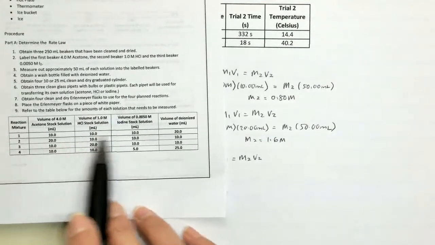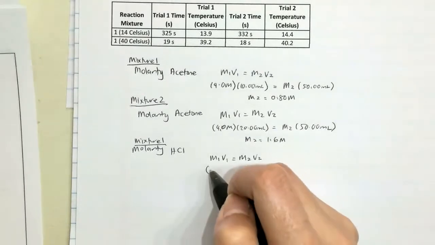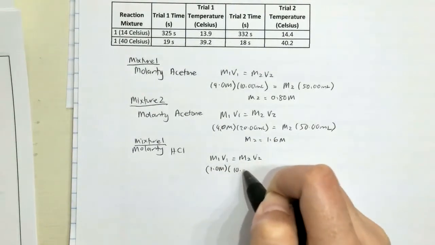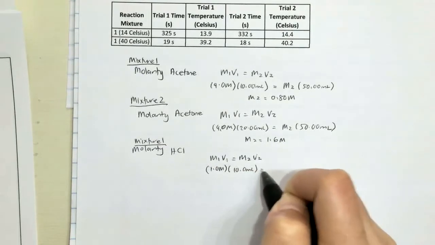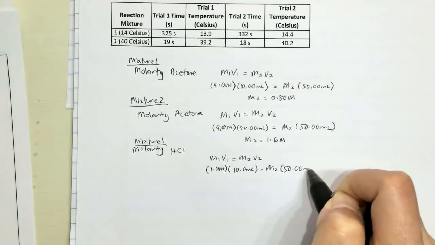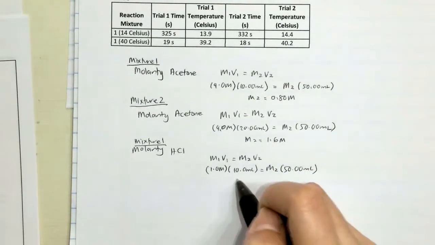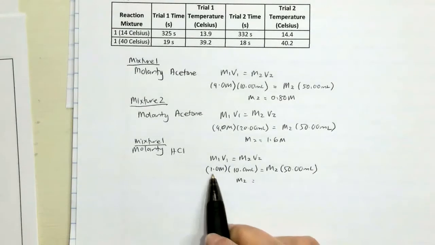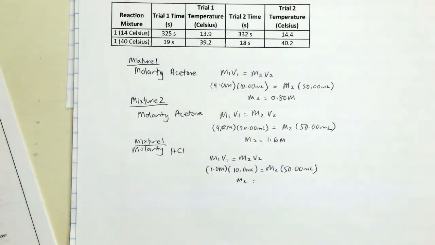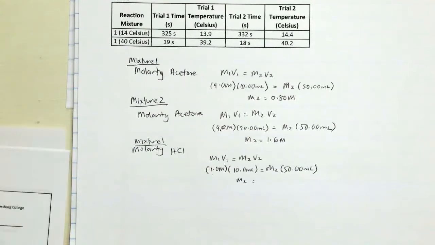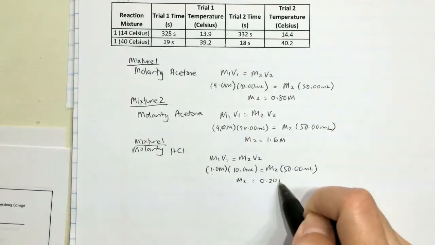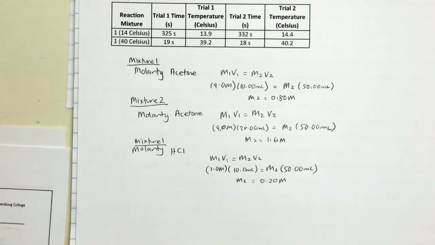My total is still 50, so V2 is still 50. So 1.0 times V1, which is 10, equals M2 times V2, which is 50. And then to get M2, you take 1 times 10 divided by 50. So the molarity of HCl ends up being 0.20 for mixture 1.